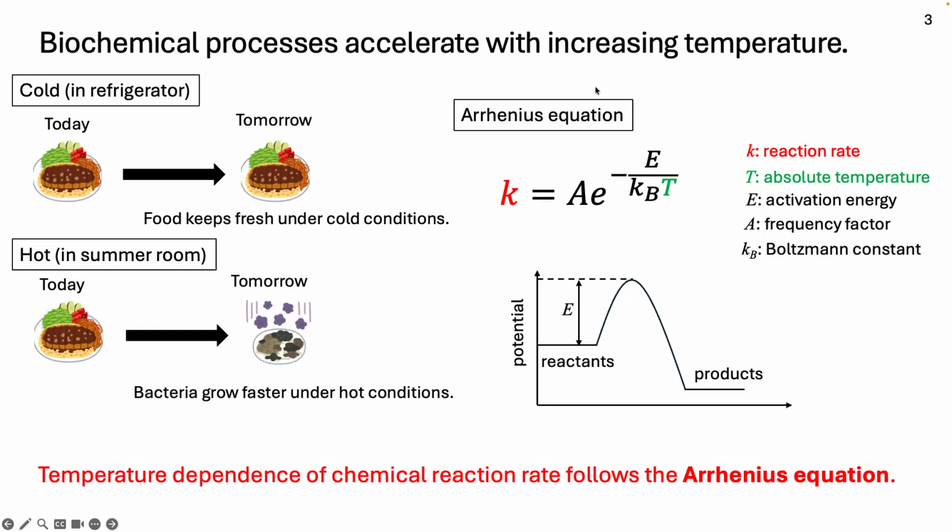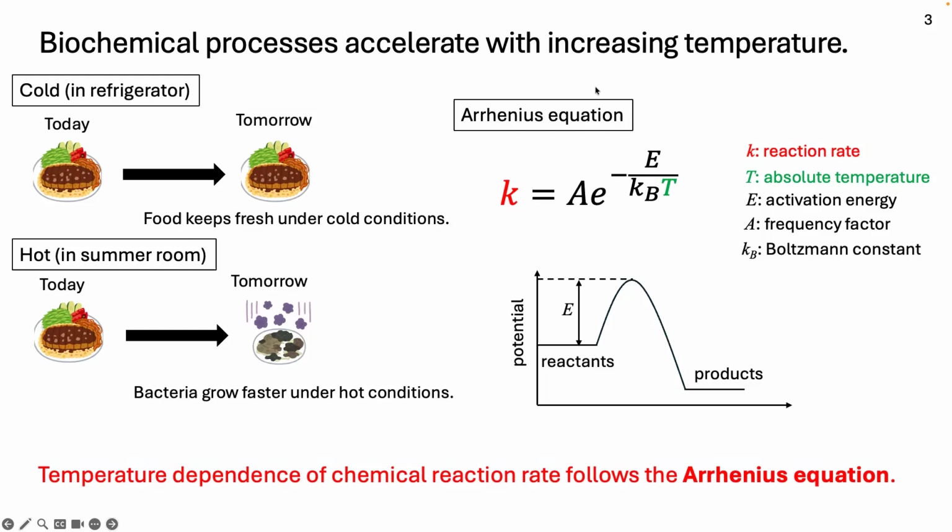I didn't follow the exact derivation, but the philosophy is that a chemical reaction occurs if the energy is higher than the potential barrier.